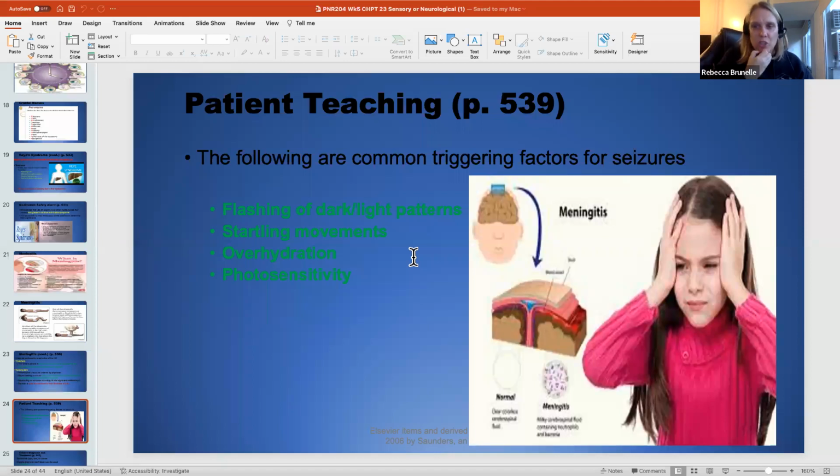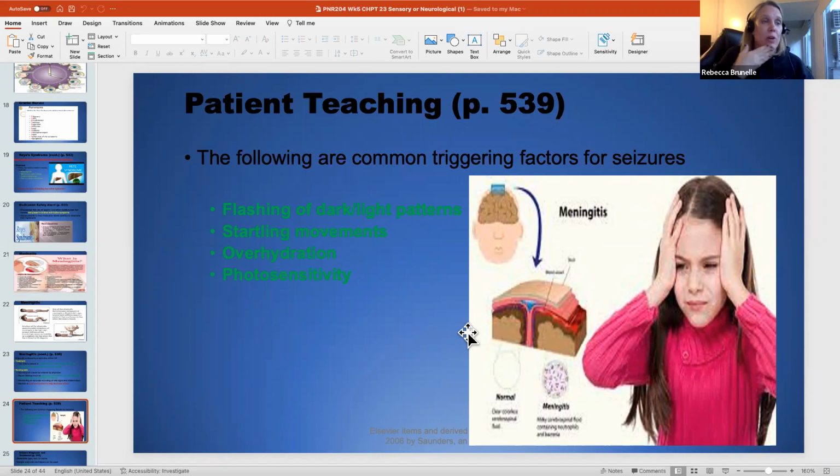Seizures can happen because of an illness like meningitis, or they could have epilepsy, which is a seizure disorder related to abnormal electrical firing in the brain because they were born with that problem.